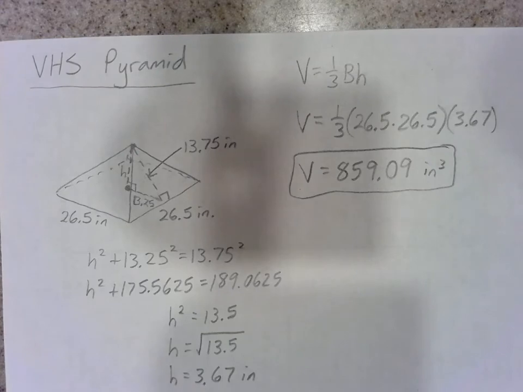Right. Now, surface area of this pyramid. Well, surface area, sometimes it's hard to remember formulas. Surface area can just be found by adding all of the sides together.